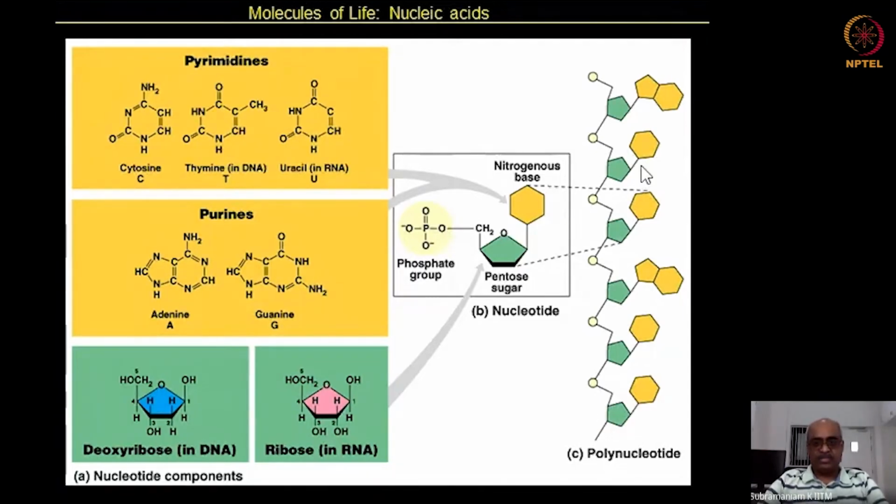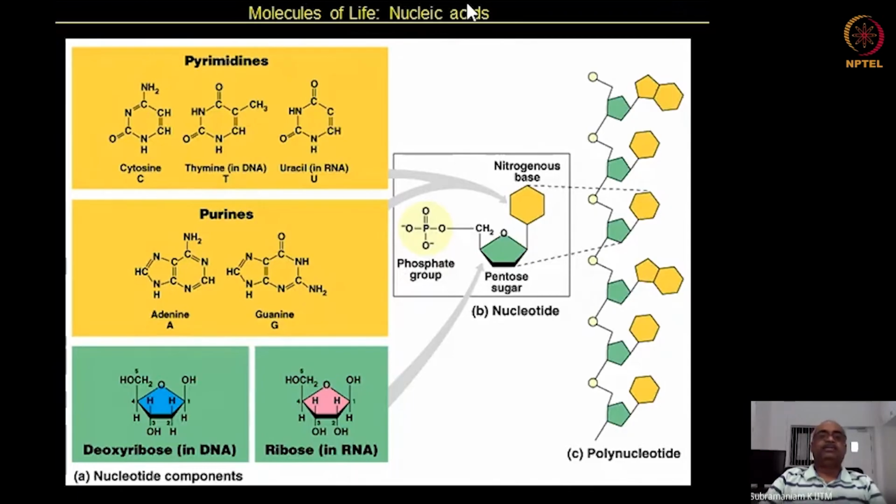Therefore, this long polymer is actually an acid, because every one of these phosphate groups in this long chain has one acid group free, and that dissociates, giving a proton in solution. So this polynucleotide is actually an acid. That is why we call it nucleic acids.